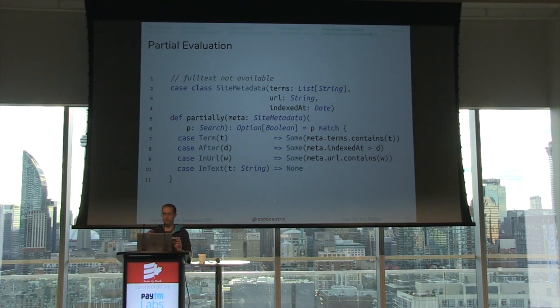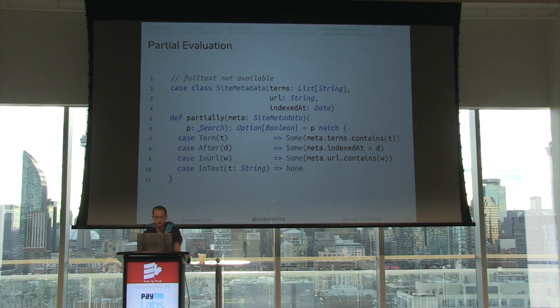Okay, so let's imagine instead of having sites, we also have a case class site metadata, which has all of the fields of the site, but it's lacking the body, because the body might be really big, or maybe we have to parse it. So we want to avoid loading the body if possible. And then we define a function partially, which takes some site metadata and our search predicate, and just reduces one step of this.